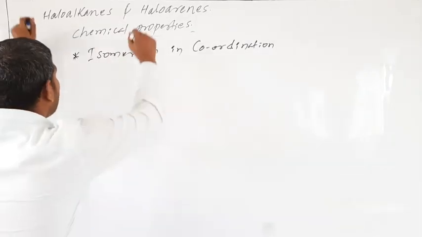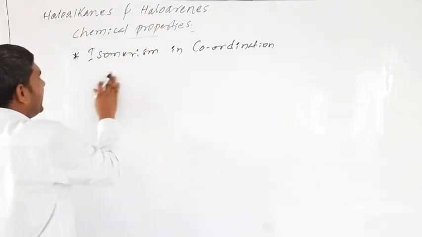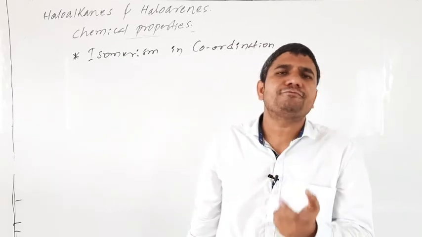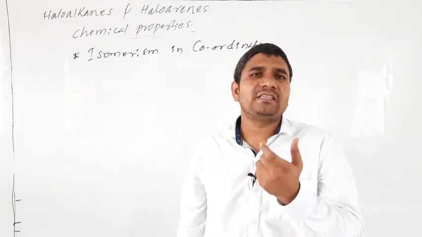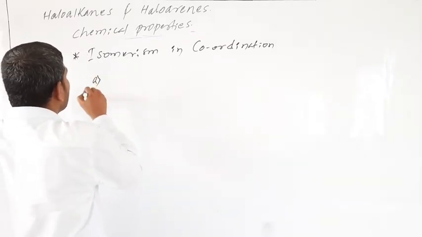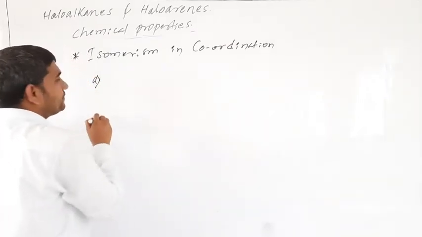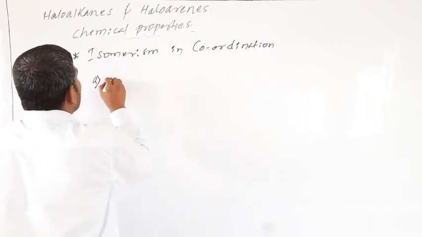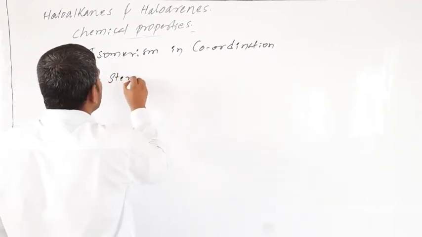Over here there are two principal types of isomerism. What are those? First one is stereoisomerism.